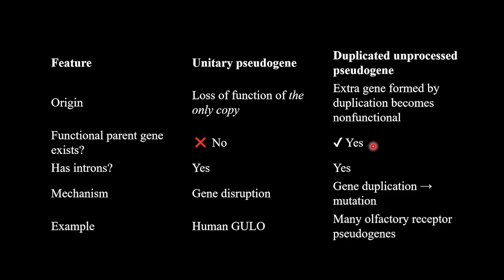No, it is here because this is duplicated. Has introns? Yes, both of them have introns. The mechanism in the case of the unitary is gene disruption. In the case of the duplicated, during the process of gene duplication, there is a mutation, either insertion or deletion, and because of this, they become non-functional. A good example of the unitary pseudogene is the human gulo pseudogene, and the example of the duplicated unprocessed pseudogene is the many olfactory receptor pseudogenes.